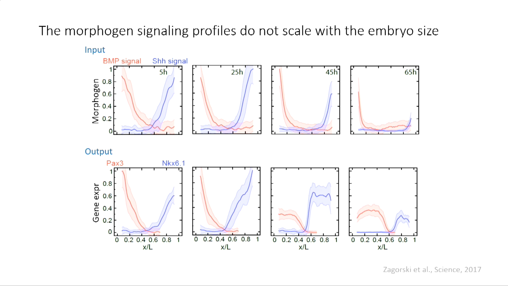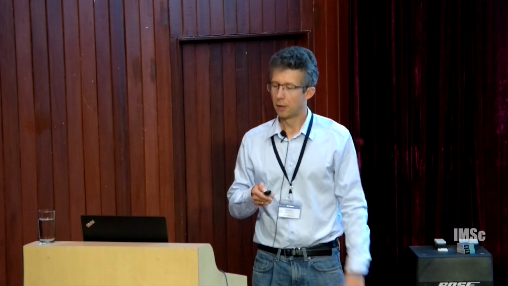And for the target genes, initially they are correlated with the input signal, but around 30 hours they basically form a sigmoidal shape, which corresponds to forming boundaries. And now we wanted to quantify how much positional error there is, or how well cells could interpret the morphogen signal to specify their position.